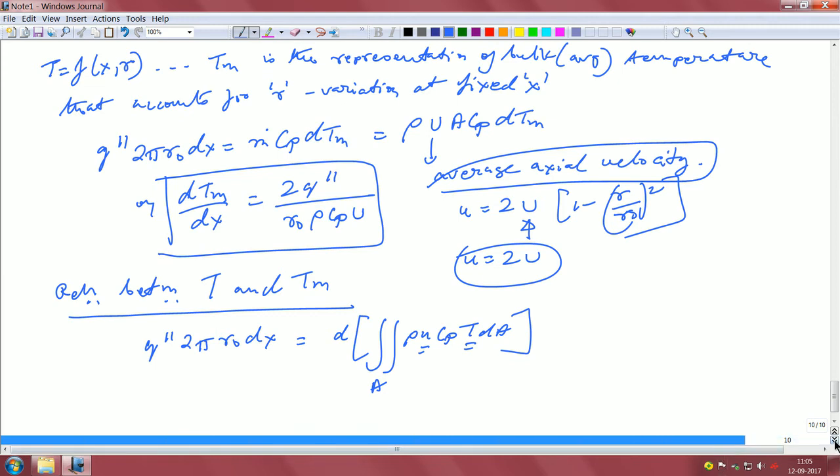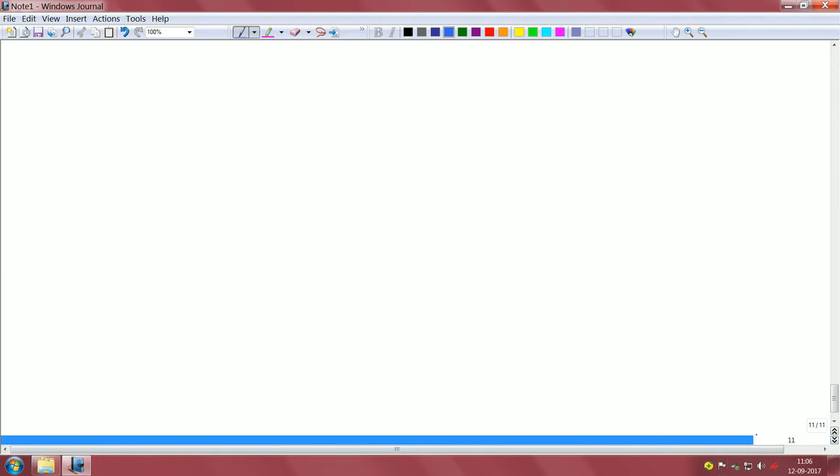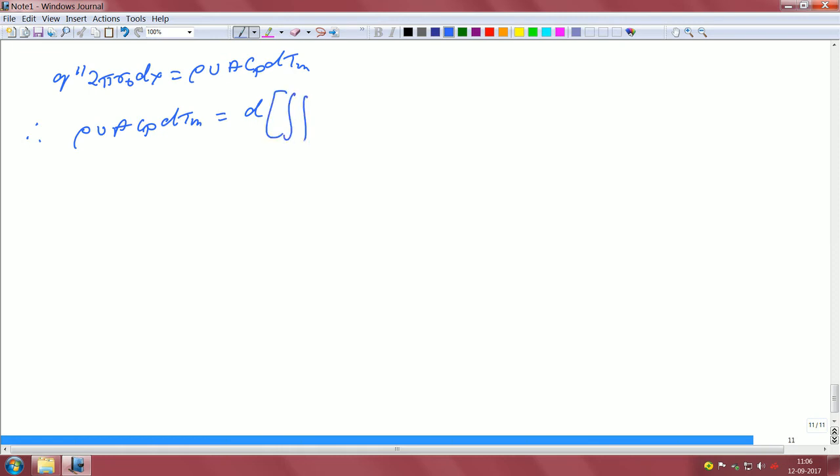Based on this expression, we also know that q double prime 2 pi r naught dx is given by rho u A Cp dTm, that we have just derived. Therefore, rho u A Cp dTm is equal to d of the area integral of rho u Cp T dA. We are just replacing the temperature with that.